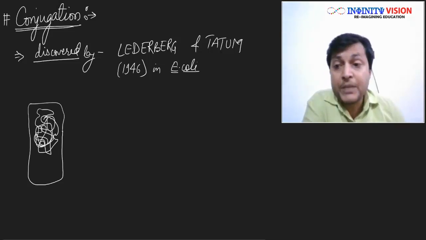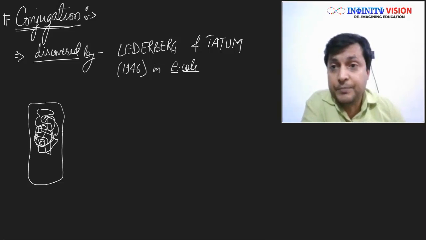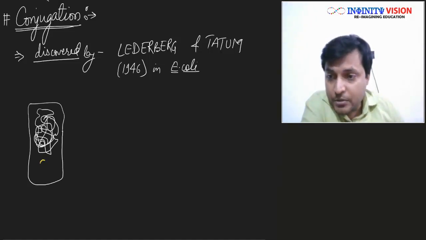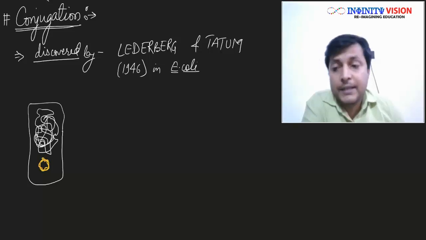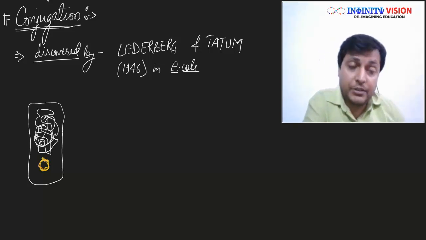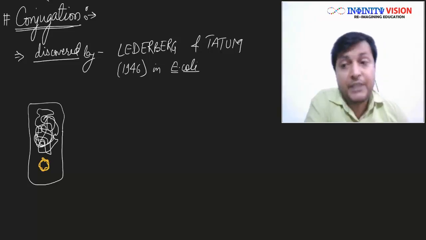Okay, great. Now apart from this genetic material, this bacterium has an extra pair of genetic material, which is again double-stranded circular DNA, and this is called F factor. It is a type of plasmid. Okay, F plasmid.